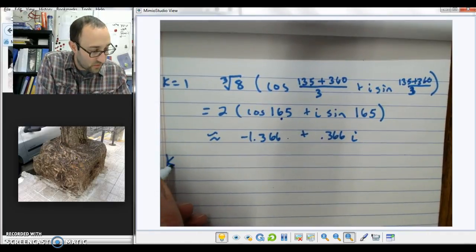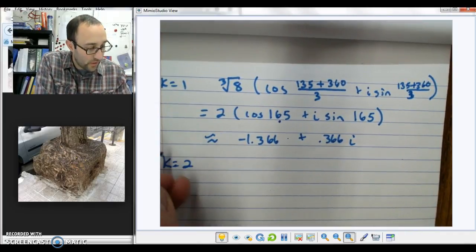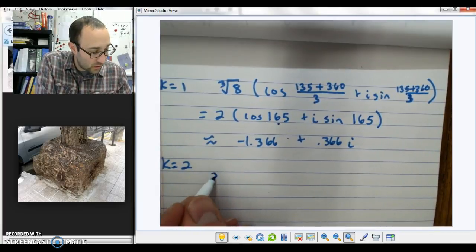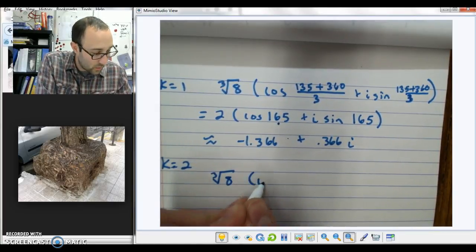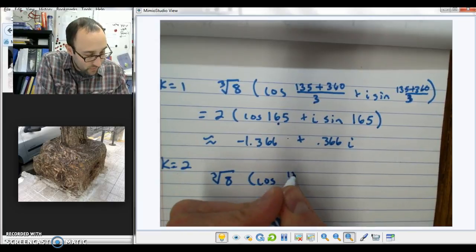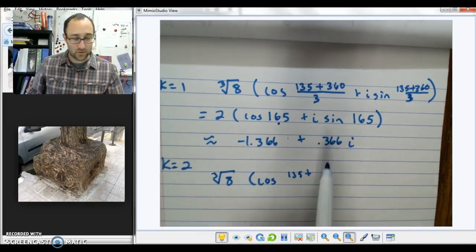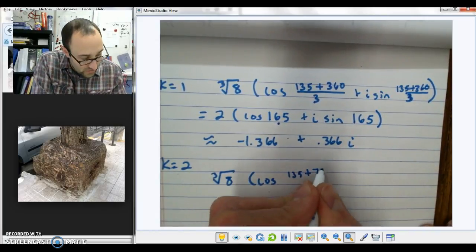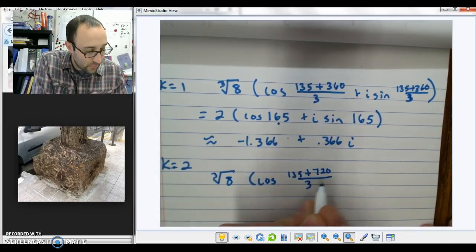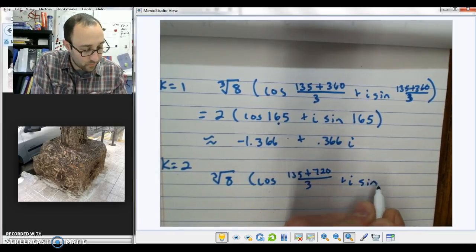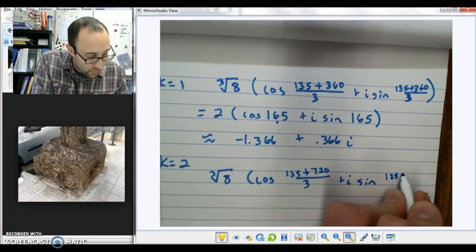The last time we have to do this is get k equal to 2, and so that is going to be the cube root of 8 times cosine of 135 plus 2 times 360, which is 720, divided by 3, plus I sine of 135 plus 720 all over 3.